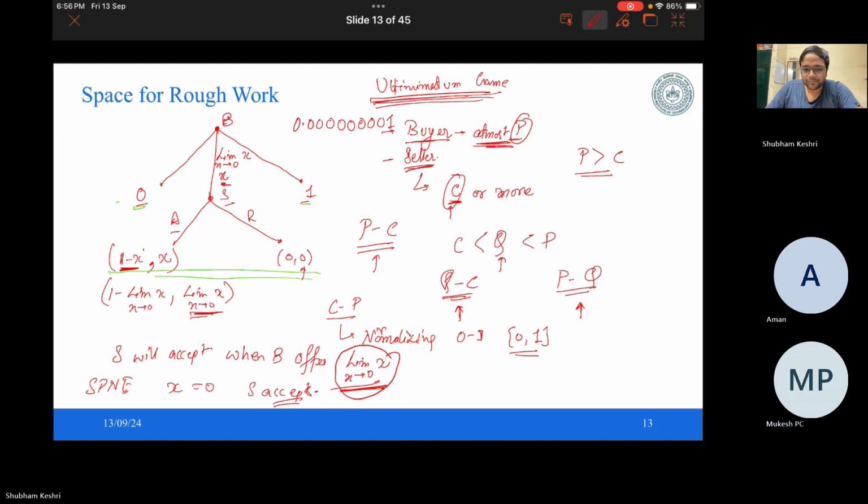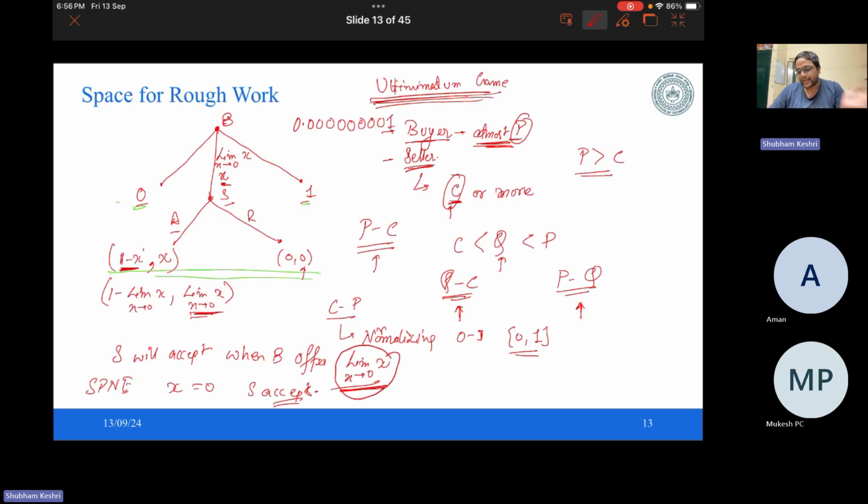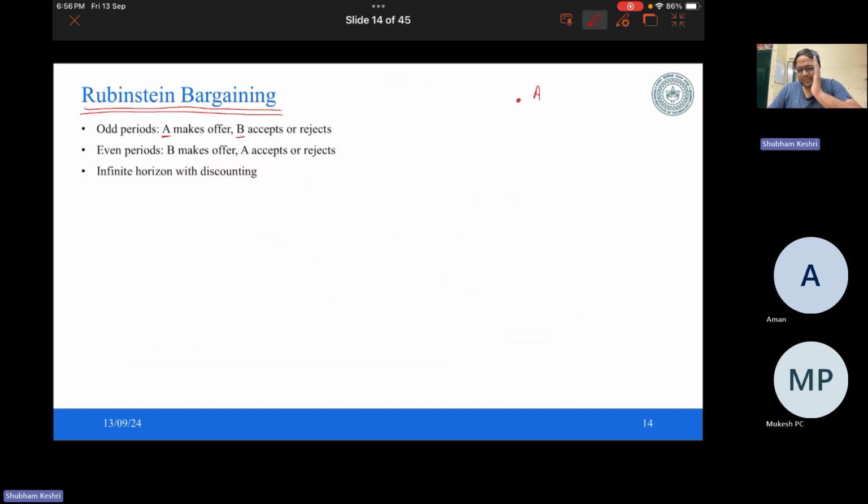Right now we will take this idea with a discount factor. All right, so I'll not use this slide. Okay, we can use this slide. Because I'm using A and B over here, let me write A and B. For the time being, we will keep the buyer and seller idea aside, and proceed with just player A and player B. So player A is making an offer.